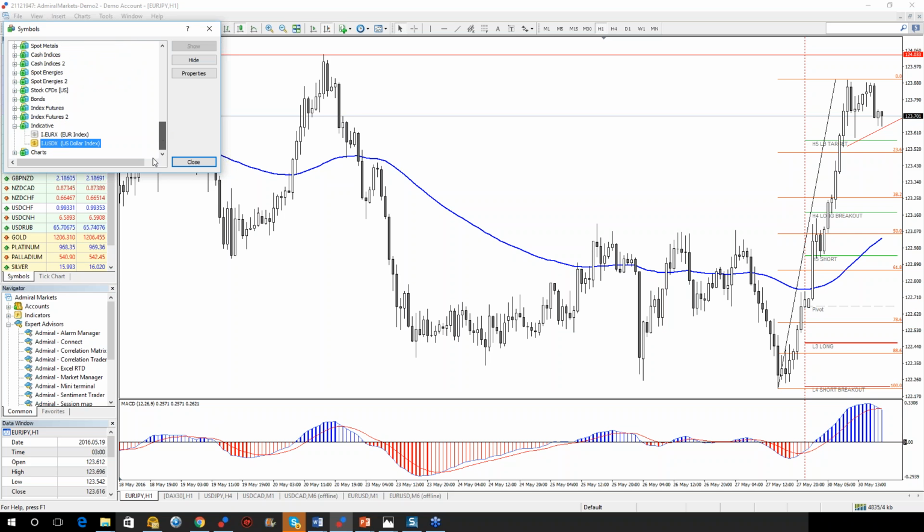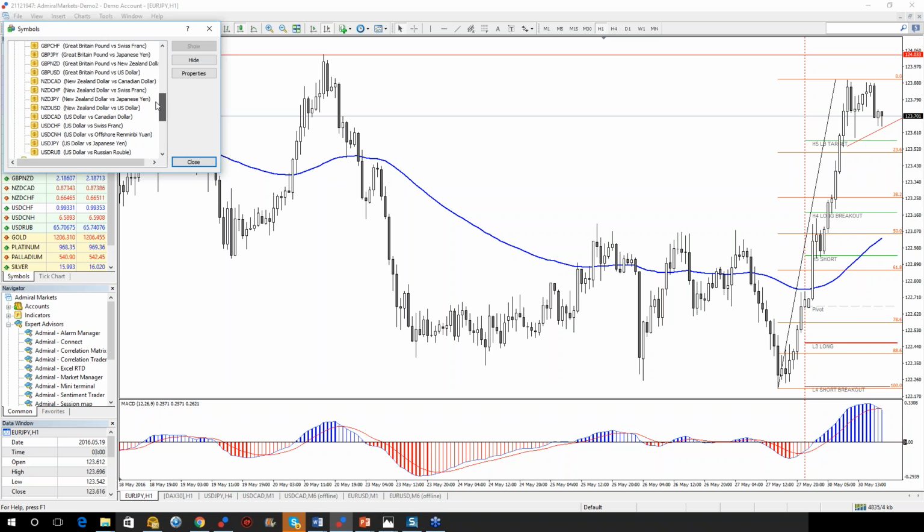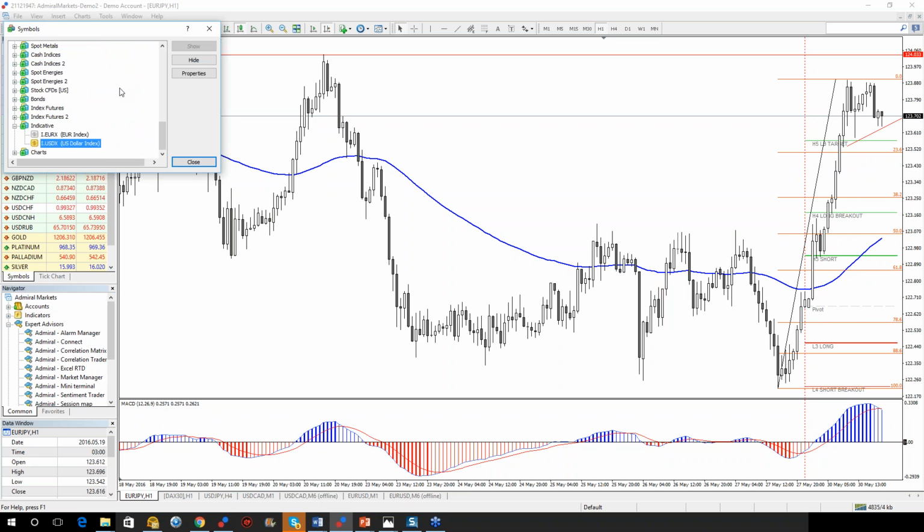Not sure why. I don't have it here, unfortunately. Michael, you see dollar, Singapore dollar. I simply cannot see it on the chart here, so there is no that pair shown there, unfortunately.